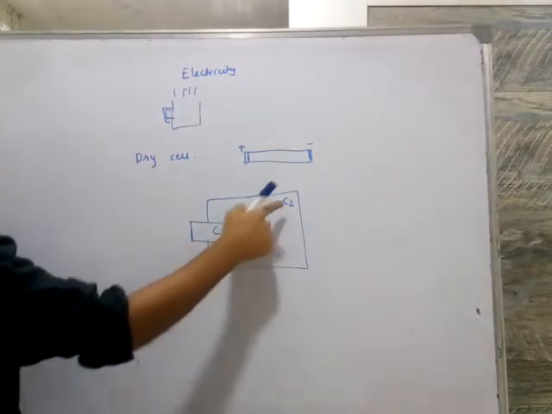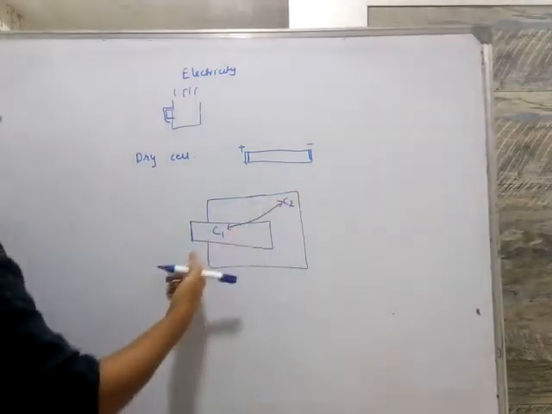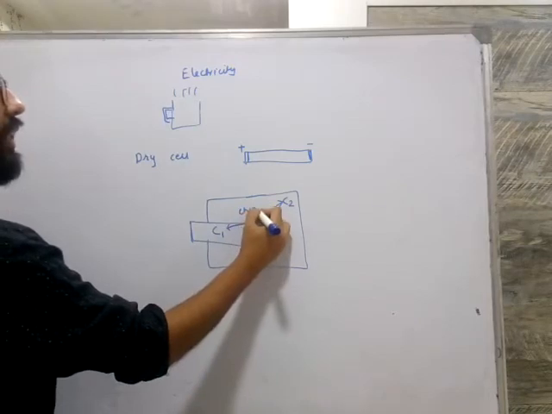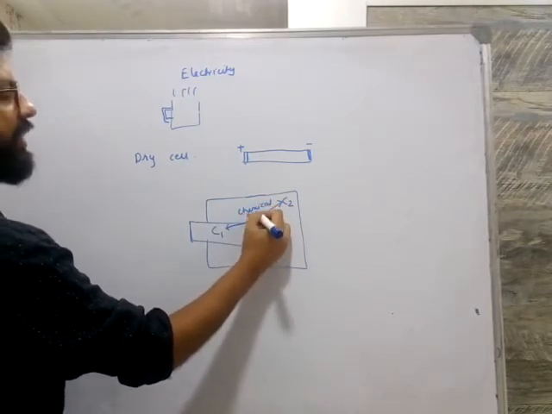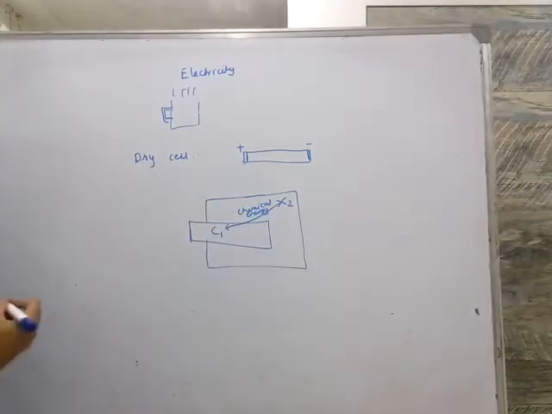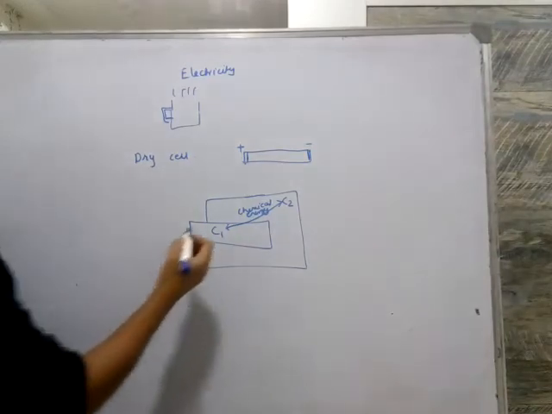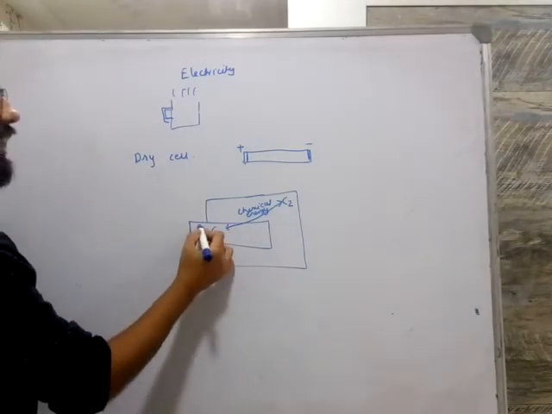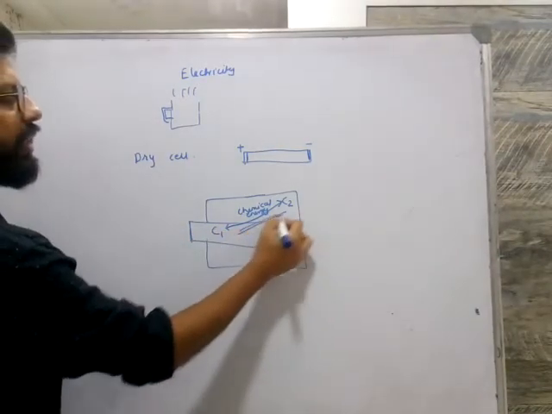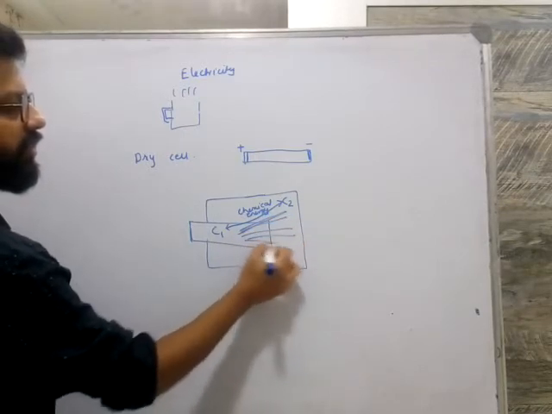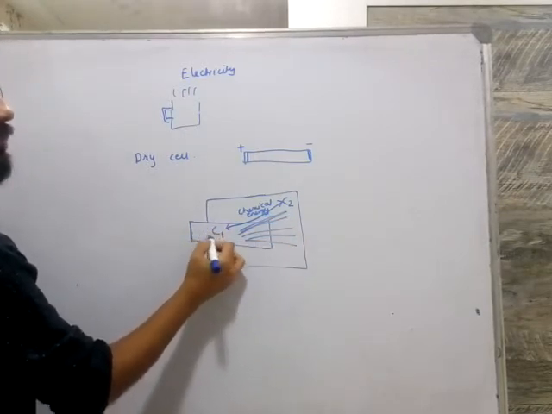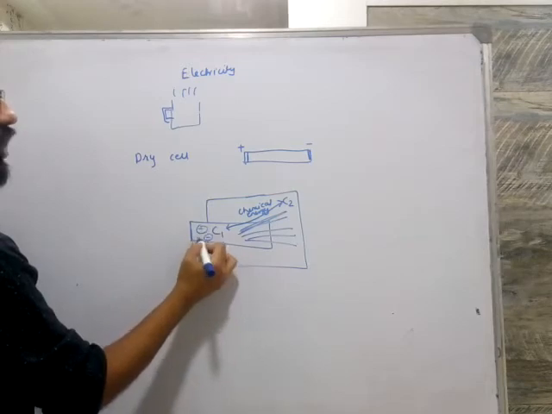They start reacting and release chemical energy. During this, the electrons will start moving to this side. Whatever electrons are present here.